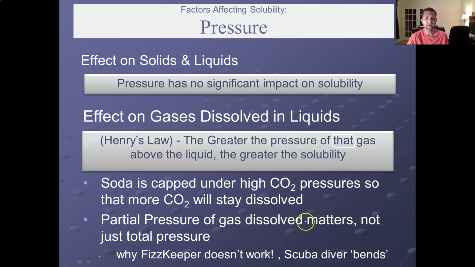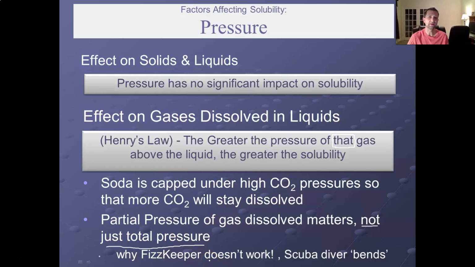The partial pressure of the gas dissolved matters, not the total pressure. Okay, so not the total pressure. It's really just the partial pressure of the specific gas you want to dissolve. So the fizz keeper, remember using that in a lab in Chem 1 within the gas law unit. The fizz keeper is where you just pump regular air into a soda bottle, and it's supposed to keep it carbonated longer.